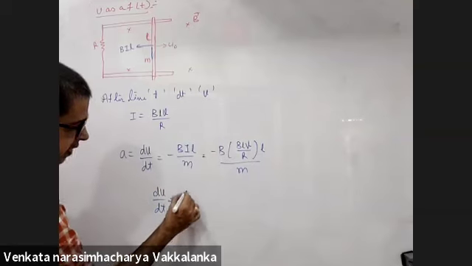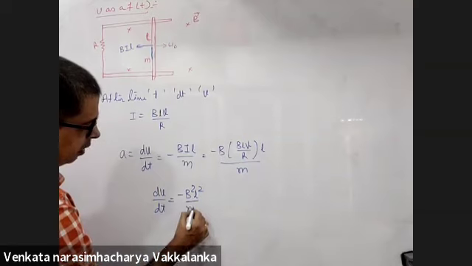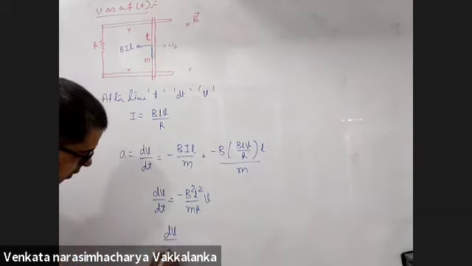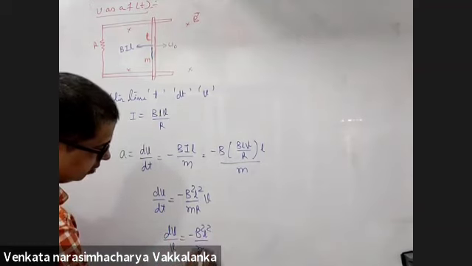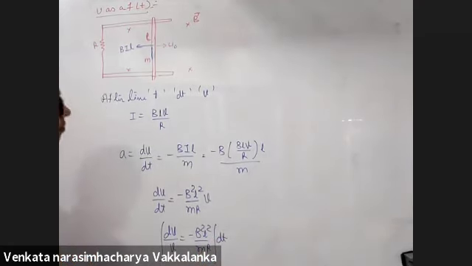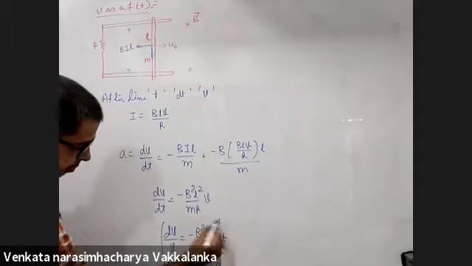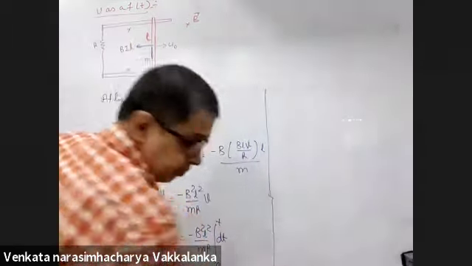dv by dt is minus B square L square by MR into v. dv by v is minus B square L square by MR into dt. At time t equal to 0, velocity was u naught. At time t equal to t, I need the velocity as a function of time.